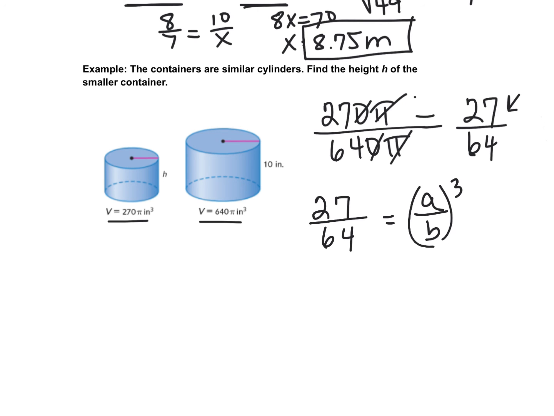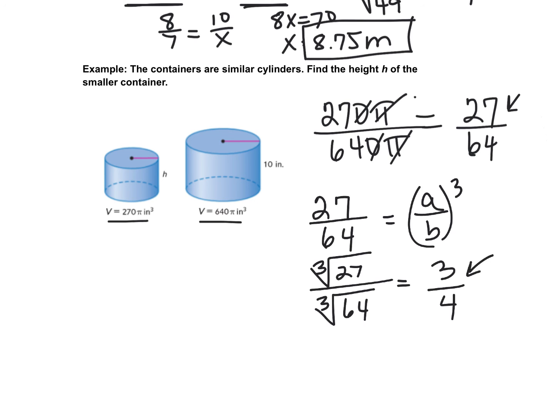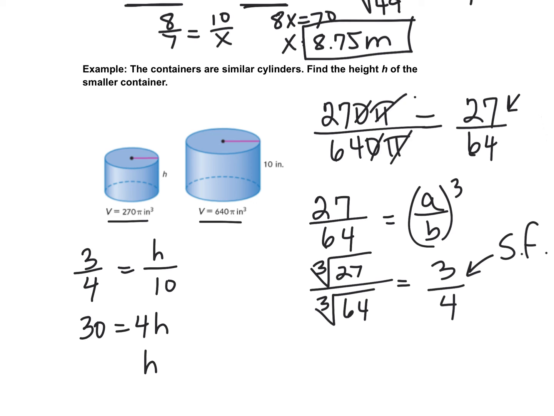So we'll take the cube root of 27 and the cube root of 64, and we get 3 over 4. This is our scale factor. Using the scale factor, we will find the missing height. So 3 over 4 equals h over 10. Cross multiply: 30 equals 4h, and h equals 7.5 inches.